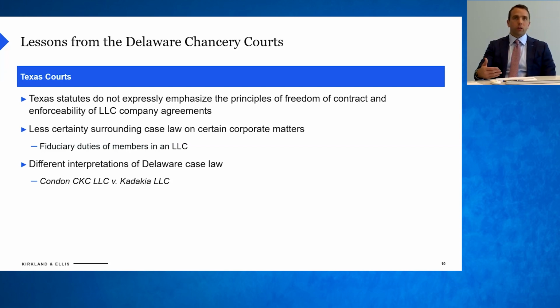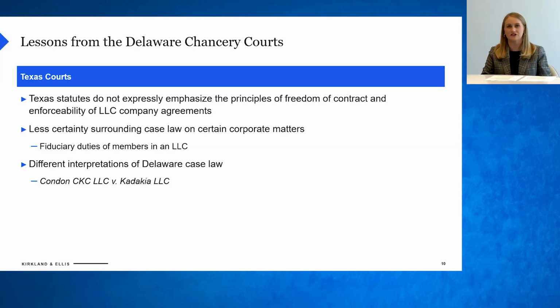They don't issue written, reasoned decisions in trial matters. One of the benefits of being in Delaware is that there's a well-developed body of case law coming out of the Delaware Chancery Court, right? And we're anticipating that the Texas Business Court will be issuing written, reasoned decisions that will help give us more guidance around the contours of these issues that Catherine mentioned.